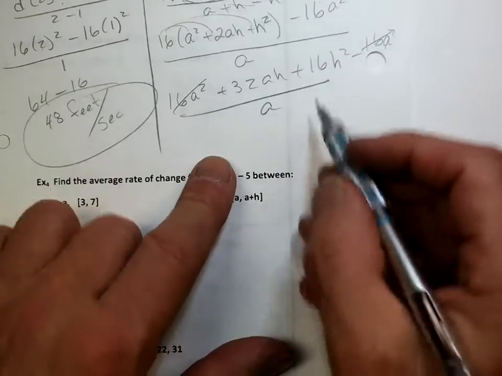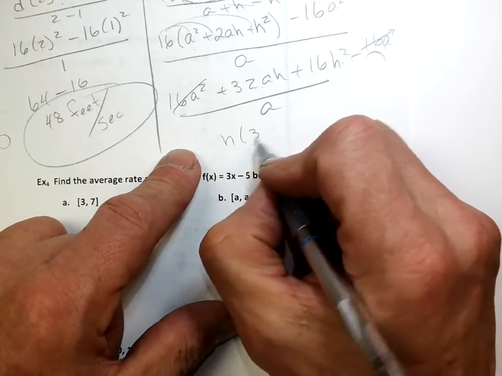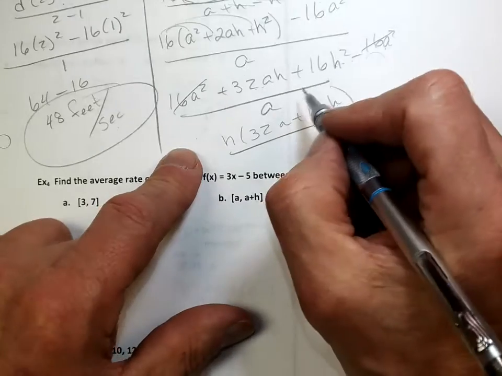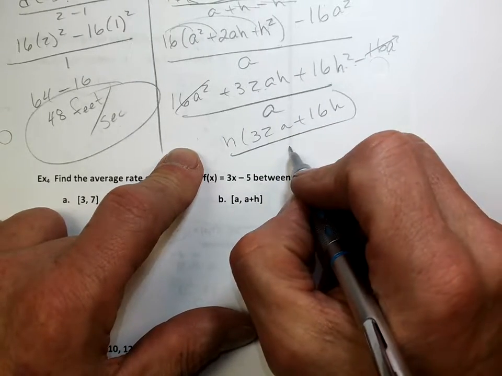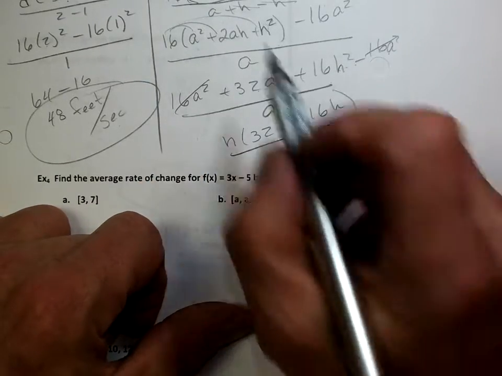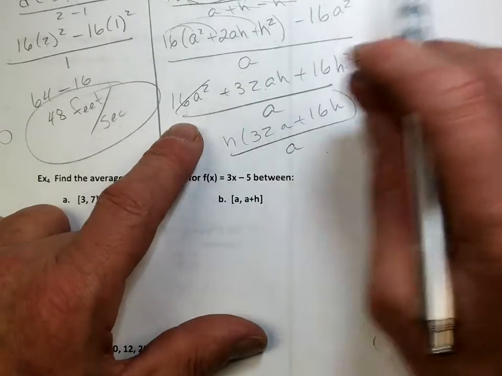Okay, so then if I common factor out an h, I'll have an h times 32a plus 16h over... something goofed up here.